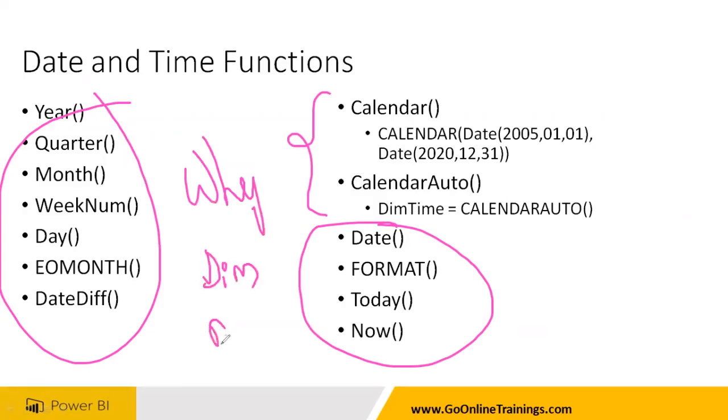That is what I have given in the first intro section of the dim date and time table. Why does the dim date table have to be there as part of your data modeling technique? Why are data warehouses and data analytics applications going to use dim date tables? If the dim date table is not there, what are the issues you have to know?